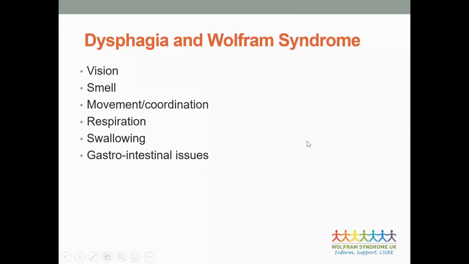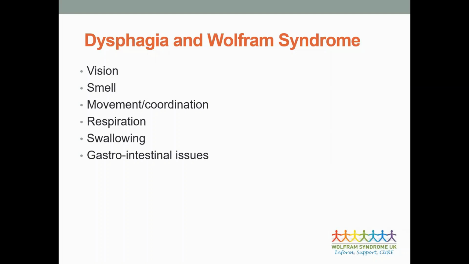Let's go back to my shared screen. Here we are. Okay. So there are various symptoms of WS that can lend themselves to disrupting the eating, drinking and swallowing process.